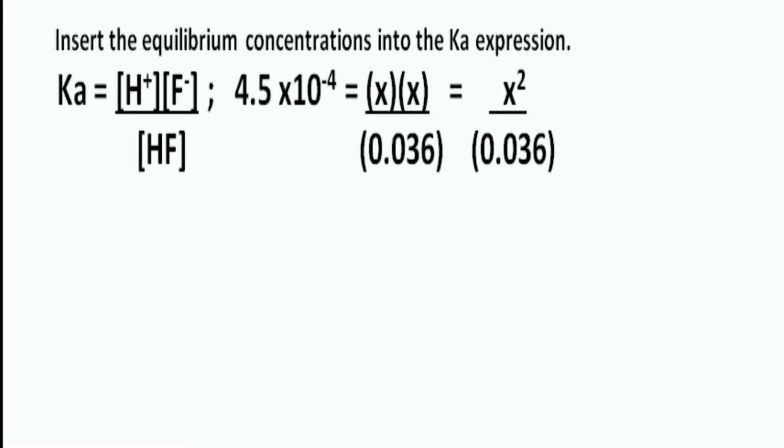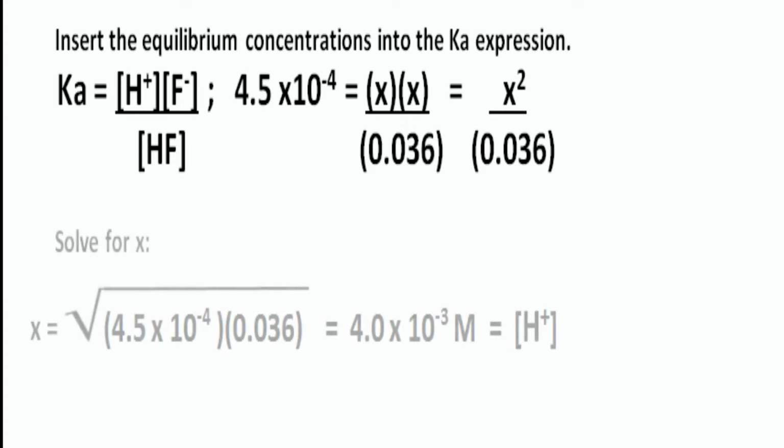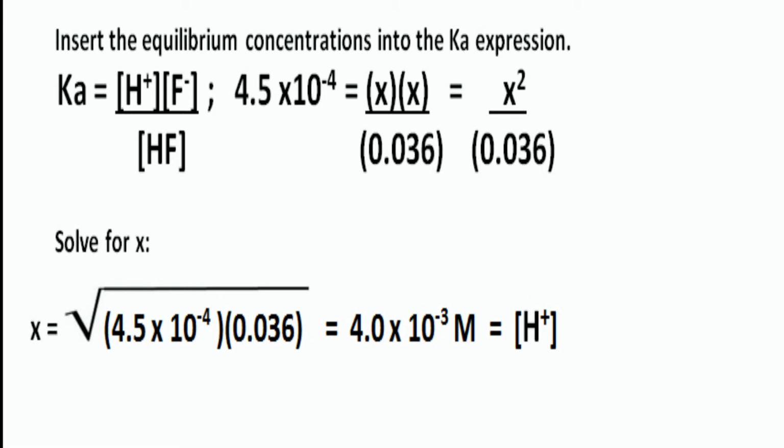And of course, the expression may be simplified as X squared divided by 0.036. To solve for X, first multiply through by 0.036 and then take the square root of the product.